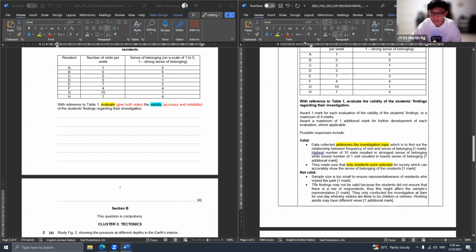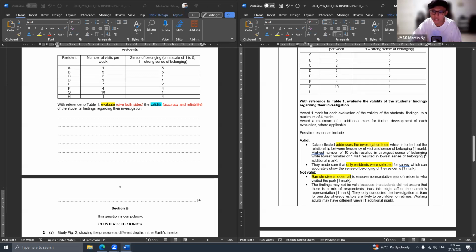Now the invalid point is that the sample size is too small, so it does not ensure the representativeness of residents. Meaning that because I only interviewed 9 residents, it does not represent every resident in the population.